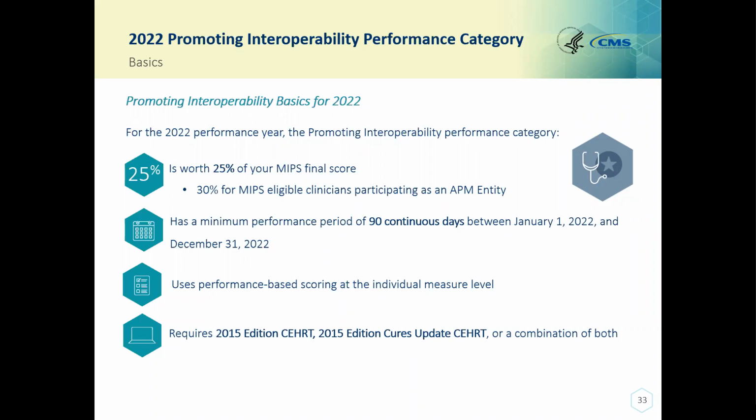It's your choice. Some measures are performance-based and other measures are attestation-based. And reporting in 2022, you can either use 2015 edition certified EHR technology, 2015 edition Cures update certified EHR technology, or a combination of the two.